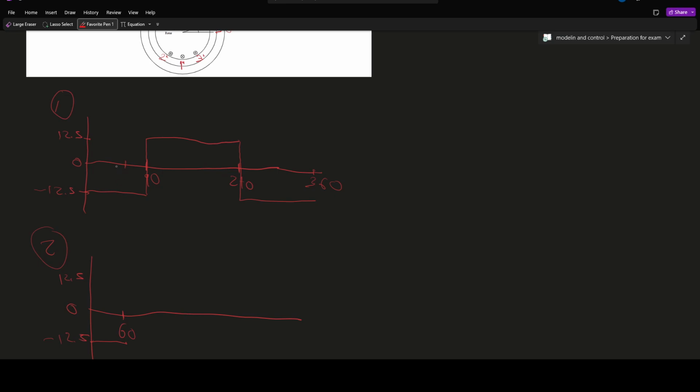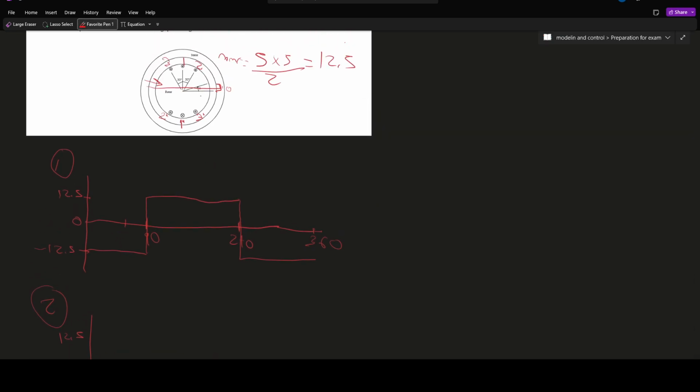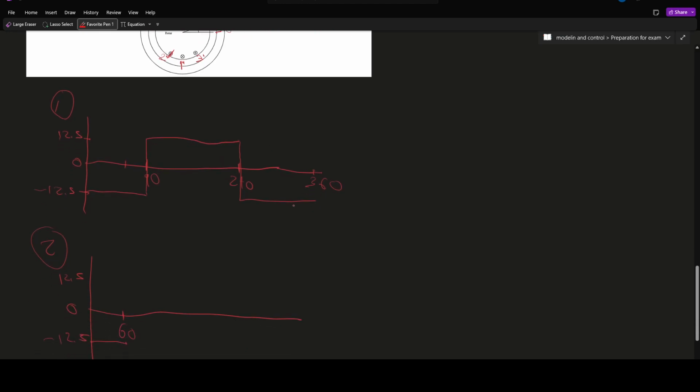Okay. And now, if we look from 60 degrees to here, how can we know what degrees this is? It's easy because we know that it is 30 degrees behind coil 1. So here we had before 270, so here we are going to have 240 because it's minus 30 degrees.